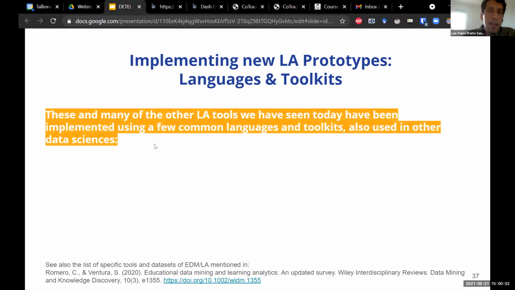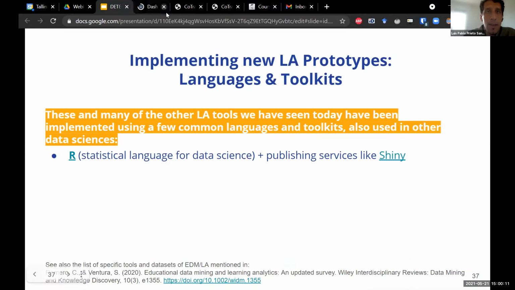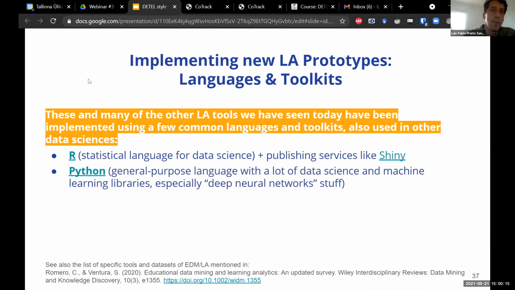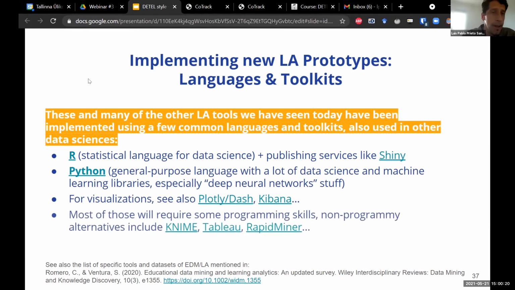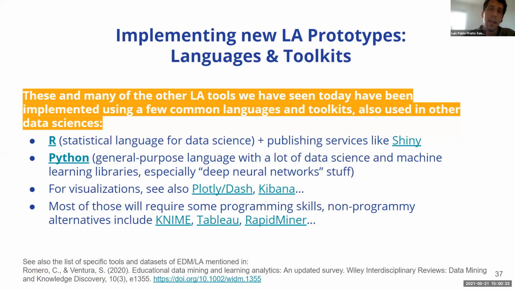Typically we use generic data science toolkits, like R or Python, which are very popular in Learn Analytics. For visualization, things like Plotly, Kibana, tools that are used in other areas that are not educational per se, but we have repurposed in Learn Analytics to implement these systems that analyze the data automatically.